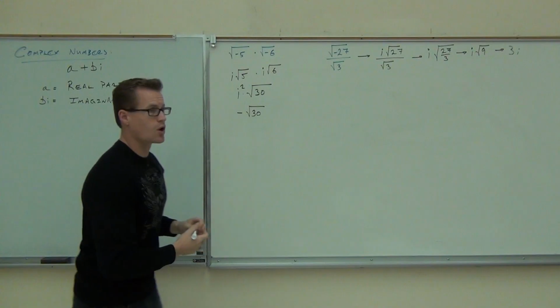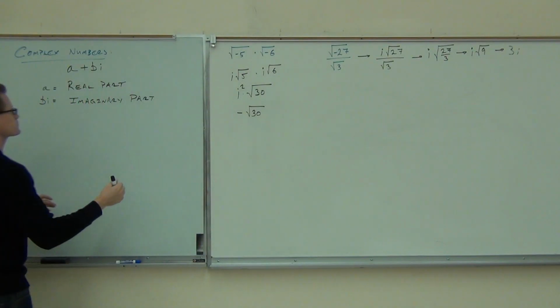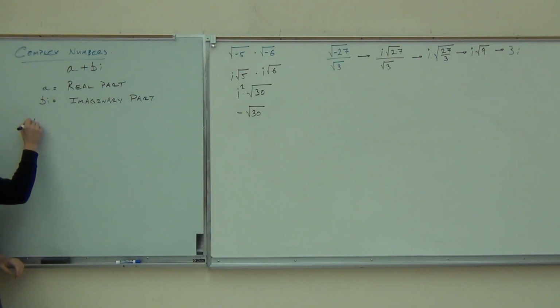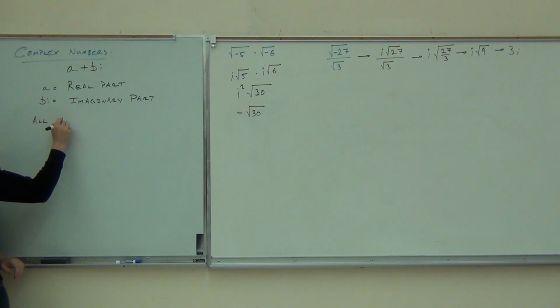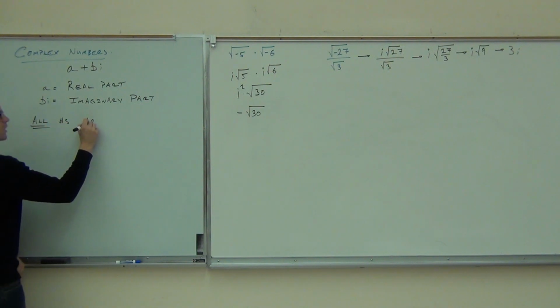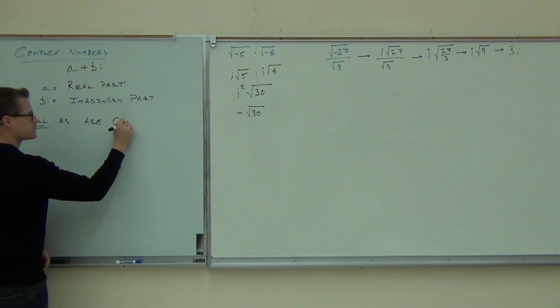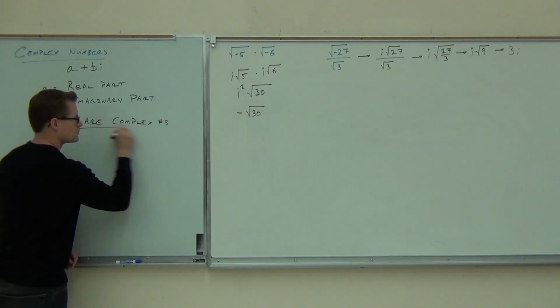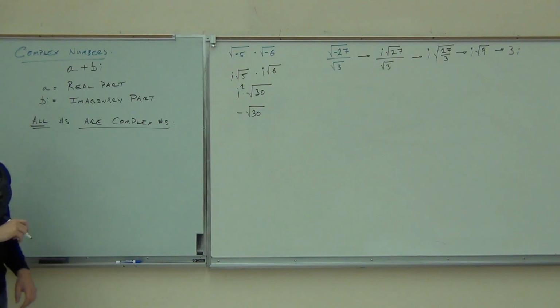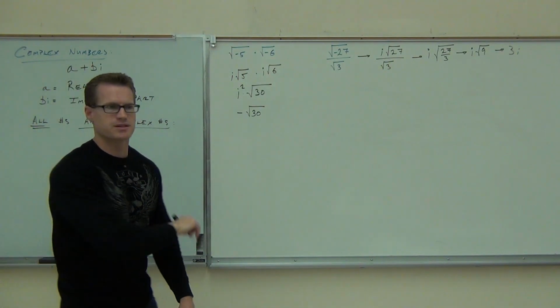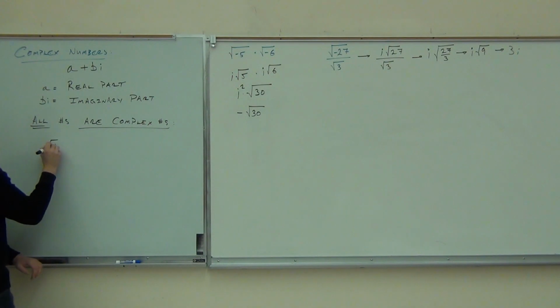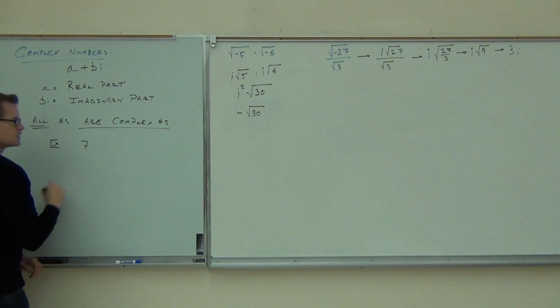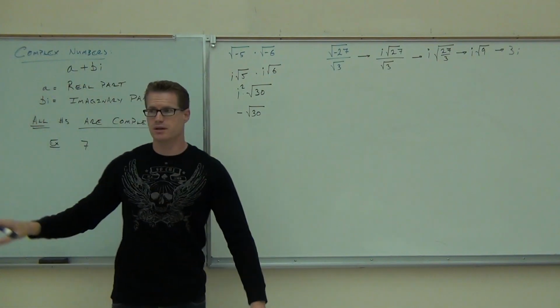Here's how I can show you this. All numbers are automatically complex numbers. Let's take that number that someone said, 7. If you give me the number 7, now that's clearly a real number, right?